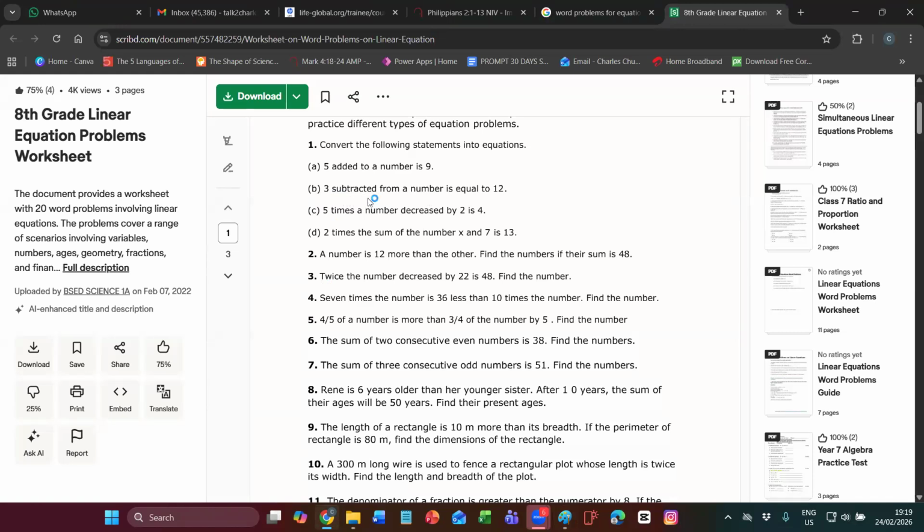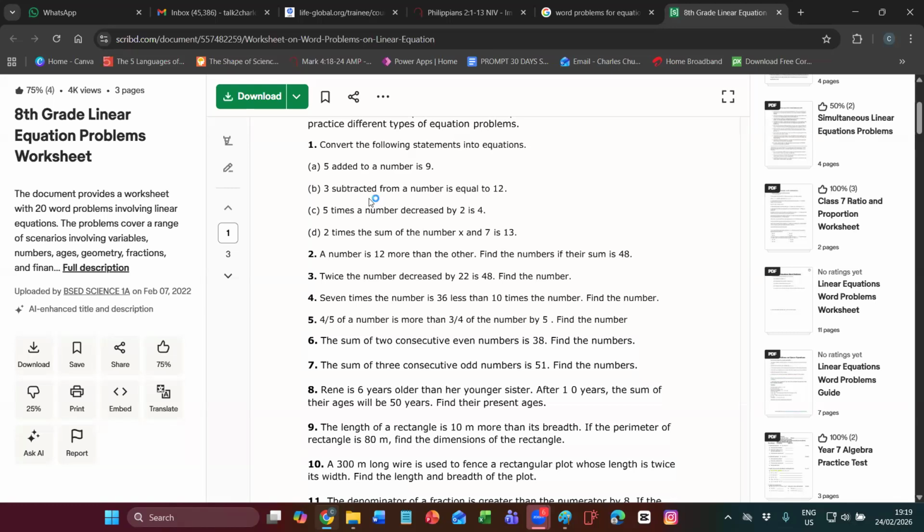They said 3 subtracted from. So "from" is telling us that the source that 3 is being subtracted from is the number. So that number has to come first, followed by the 3. So that's x minus 3. Thank you very much for that interpretation.